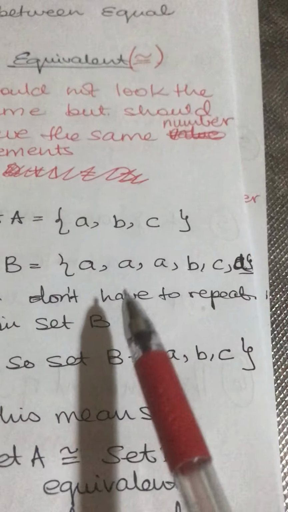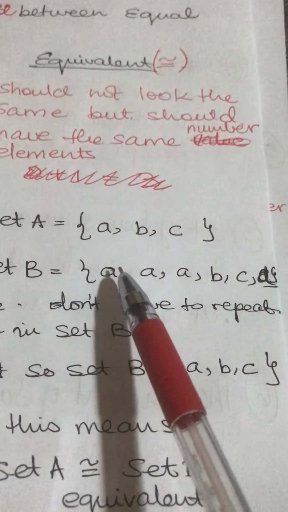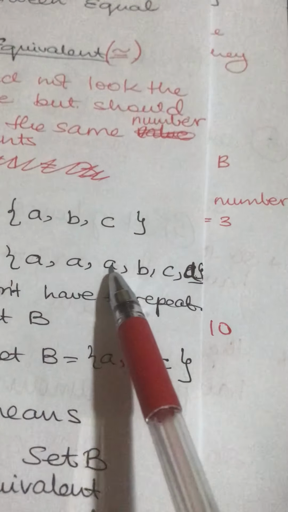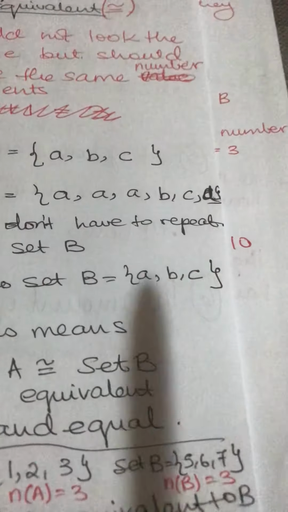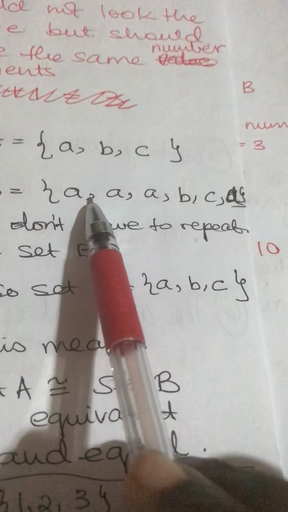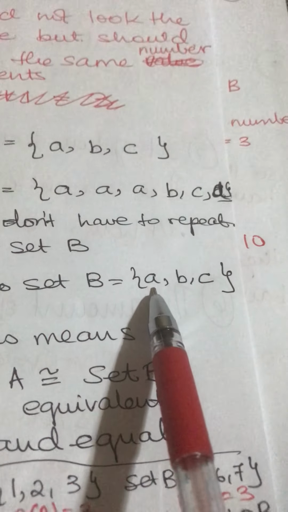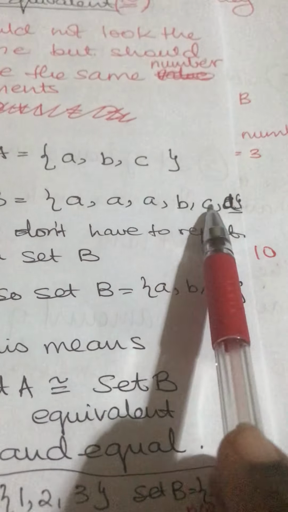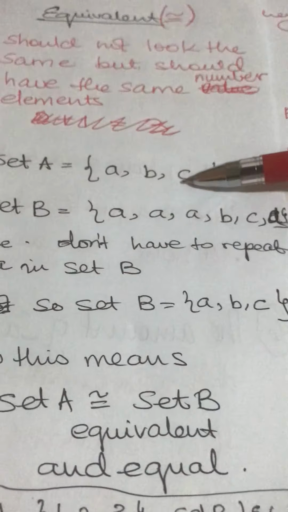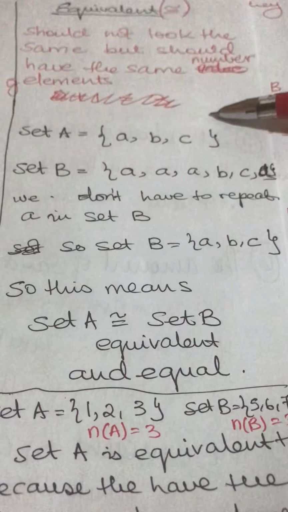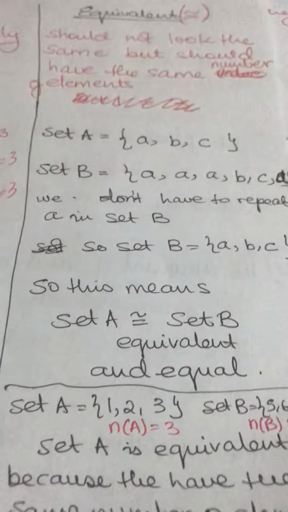Okay? Now, if you look over here, set B is A, B, C, A. Because A has been repeated, you can rewrite set B again. You don't have to repeat. If a letter has been repeated, rewrite it again without repeating the letters. So this set has A, B, and C. That is why I am saying set A and B are equivalent, even though they don't look the same.